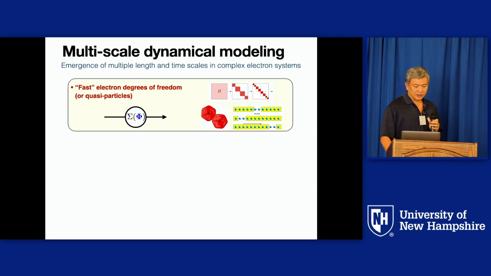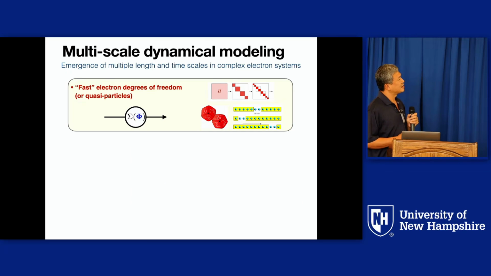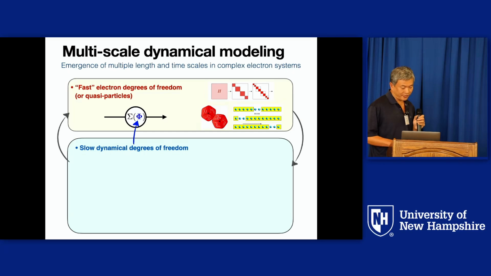Again, the difficulty of this kind of multi-scale modeling is because of the emergence of multiple length and time scales in these complex electron systems. On one hand, we have the fast electron degrees of freedom, and we need to use sophisticated many-body problem solvers for them. Usually that means the electron self-energy depends on some sort of slow-varying classical degrees of freedom.